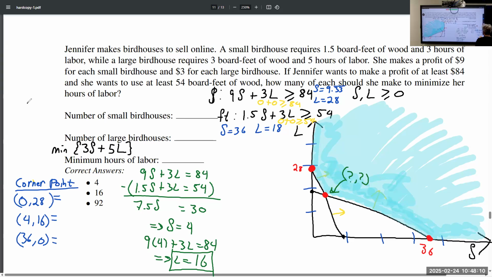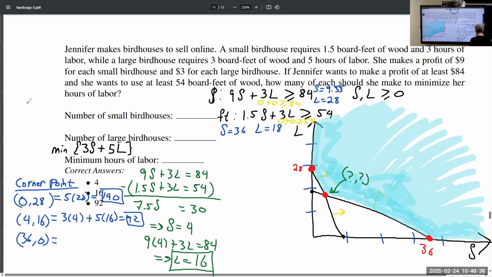Okay. So this one would be 5 times 28. That's 140. And this is 4 times 3 plus 5 times 16. 92.